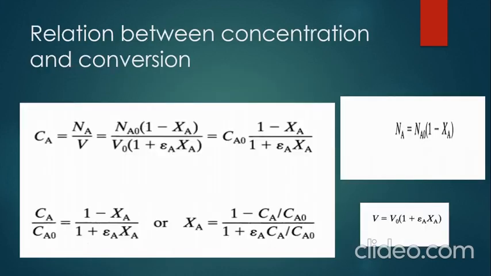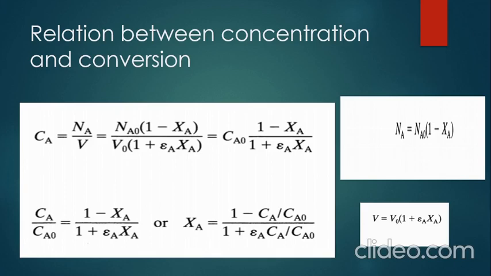Now we discuss the relation between concentration and conversion. As we know, CA is equal to NA over V, and NA will be equal to NA naught into 1 minus XA, and V will be equal to V naught into 1 plus epsilon A XA.